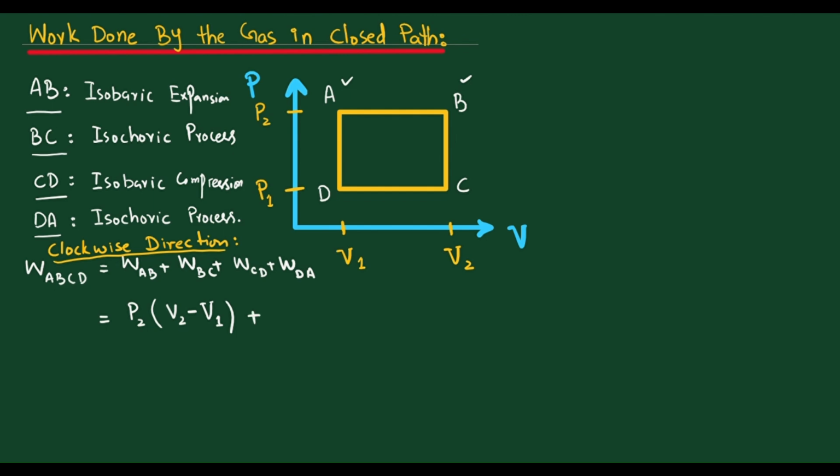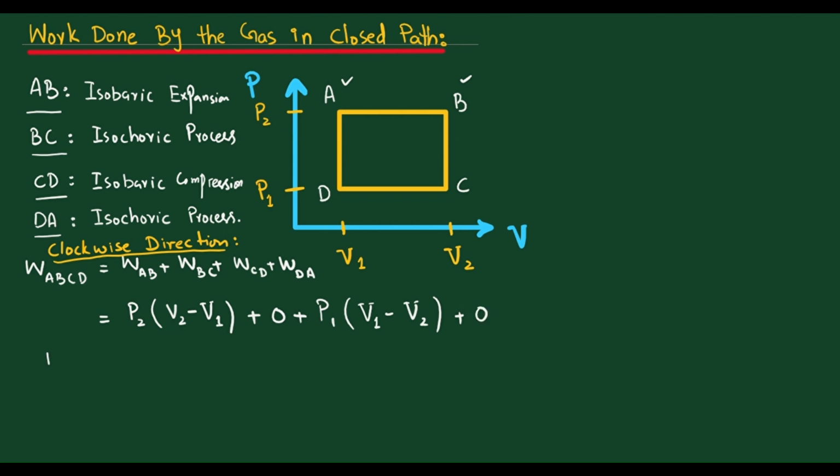Plus the work done from B to C, which is an isochoric process, and the work done is 0 because the change in volume is 0. Plus the work done from C to D, an isobaric process where the pressure is P1 multiplied by the change in volume, V1 minus V2. And the work done from D to A is an isochoric process, so the work done is 0.